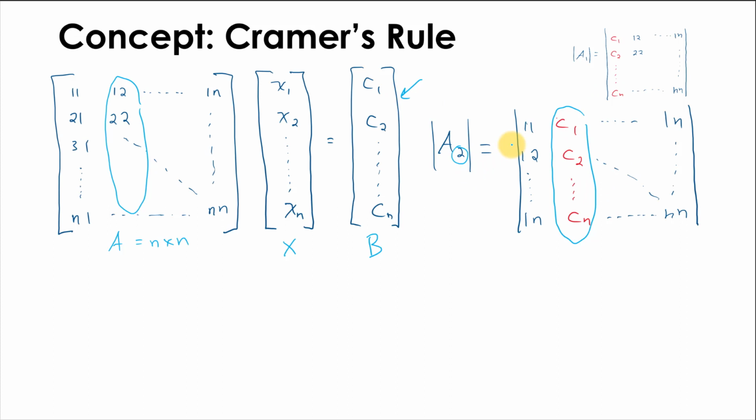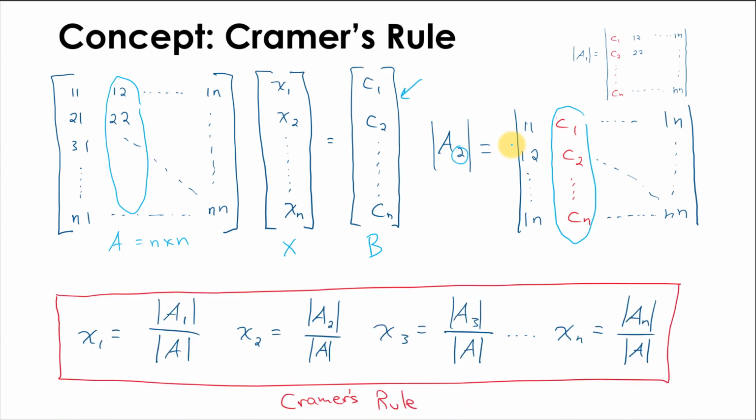So Cramer's rule in the broadest terms is just saying that we can solve for each one of our variables, each one of our unknowns, by taking the quotient of the determinant of A with the first column replaced, over the determinant of A. Whatever the first unknown is, that's the one that gets the first column replaced.